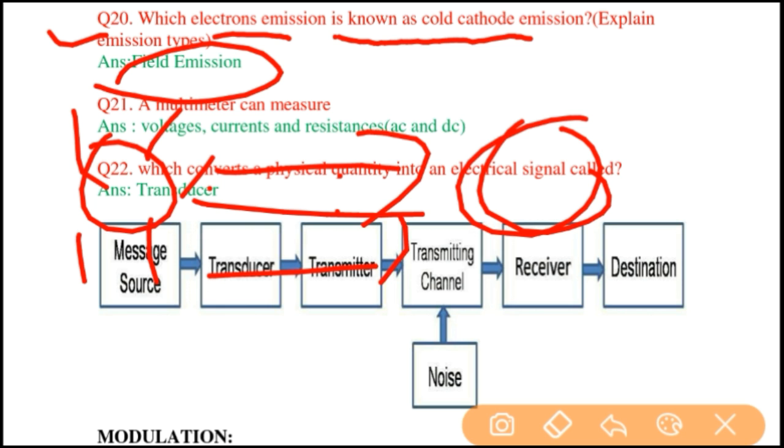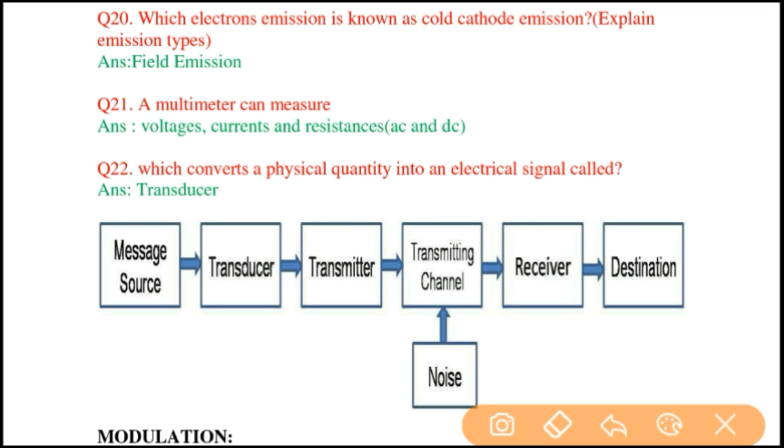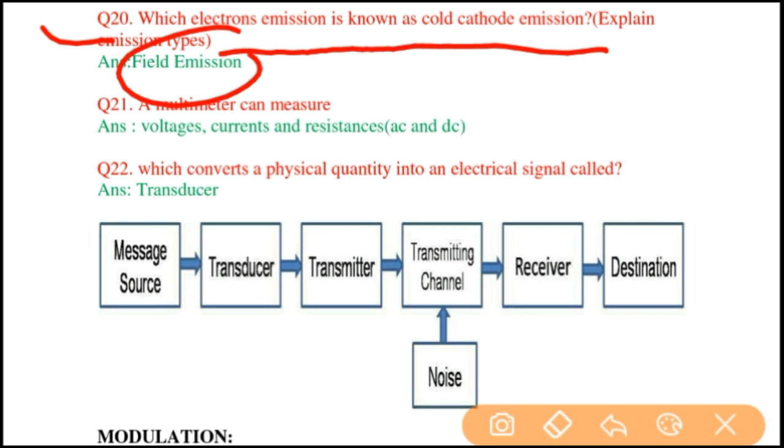Lastly, we have field emission. In this method, a strong electric field is applied to the metal surface which pulls the electrons out. This is known as field emission. Coming to our question, which electron emission is known as cold cathode emission? Field emission is also known as cold cathode emission.